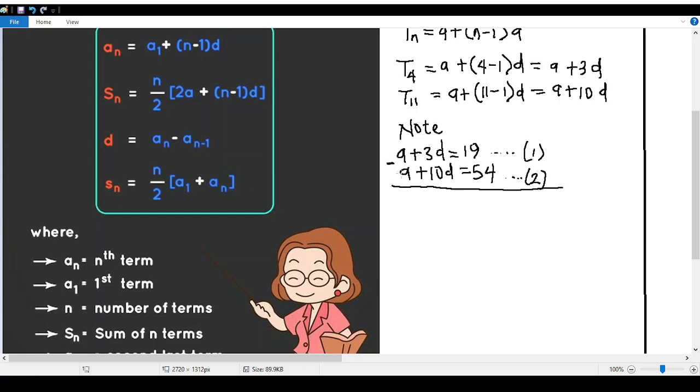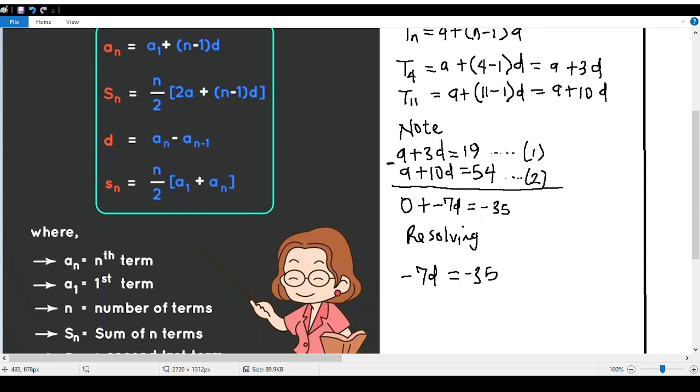We want to eliminate a. a minus a gives you 0, plus 3d minus 10d gives you minus 7d, and then 19 minus 54 gives you minus 35. Now, resolving this, minus 7d is equal to minus 35.